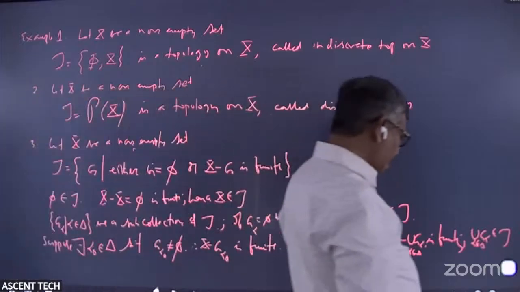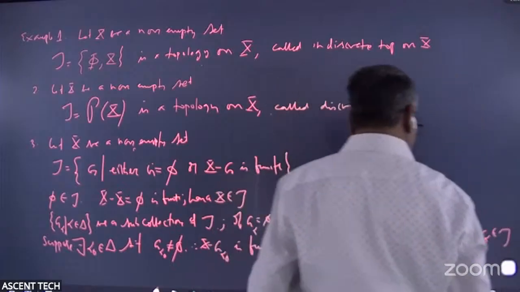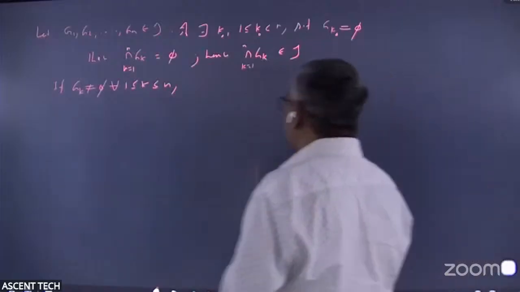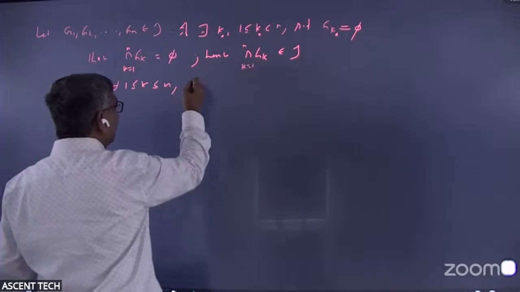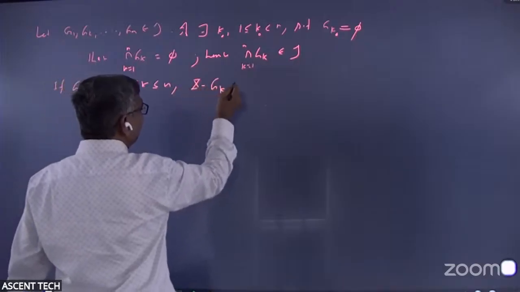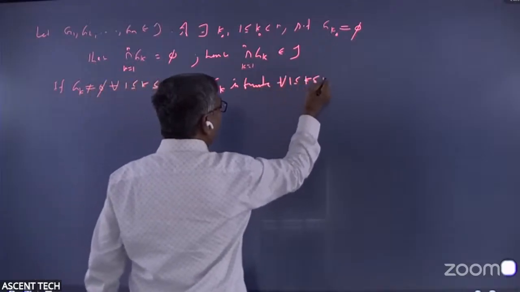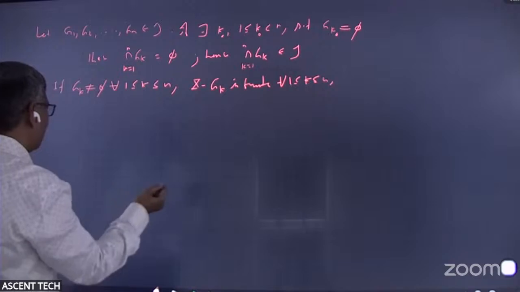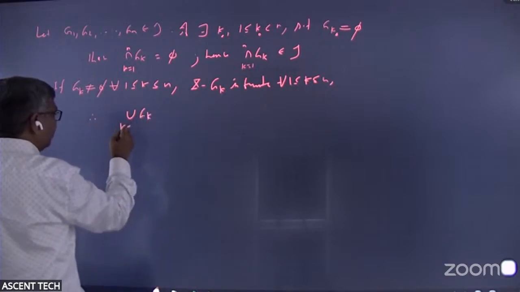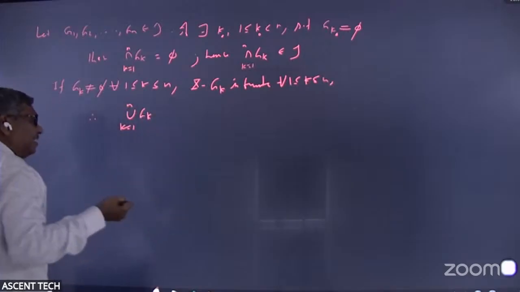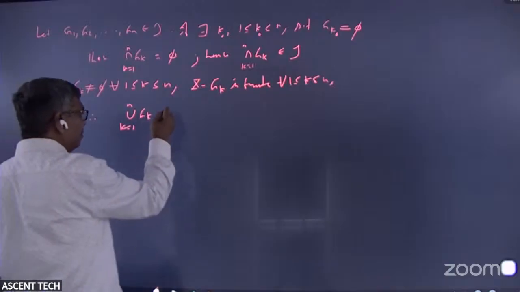So if they're all non-empty, then because they are in T, X minus GK is finite for all K from 1 to N. So you have a bunch of finite sets, and the union of finitely many finite sets is finite too.